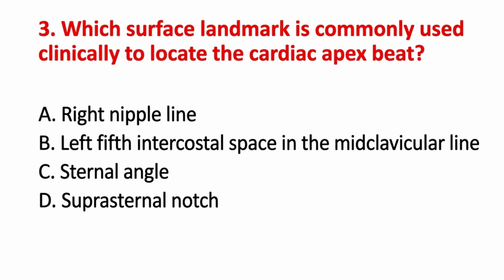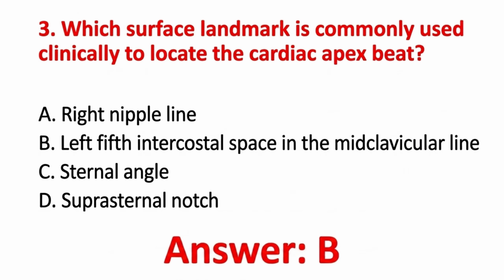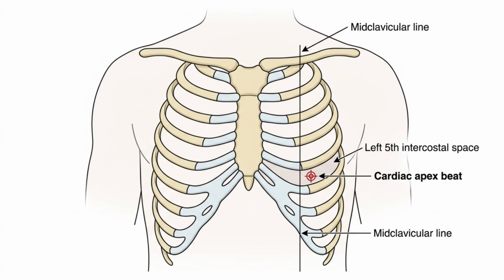Okay, so the correct answer is B, left fifth intercostal space in the middle clavicular line. The cardiac apex beat is normally felt on the left side of the chest, at the level of the fifth intercostal space, along the middle clavicular line.